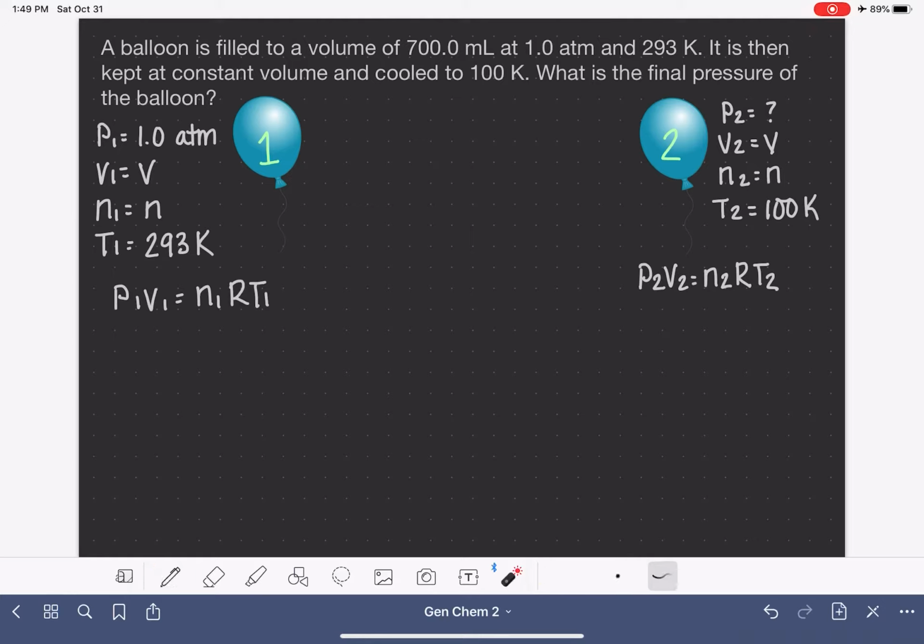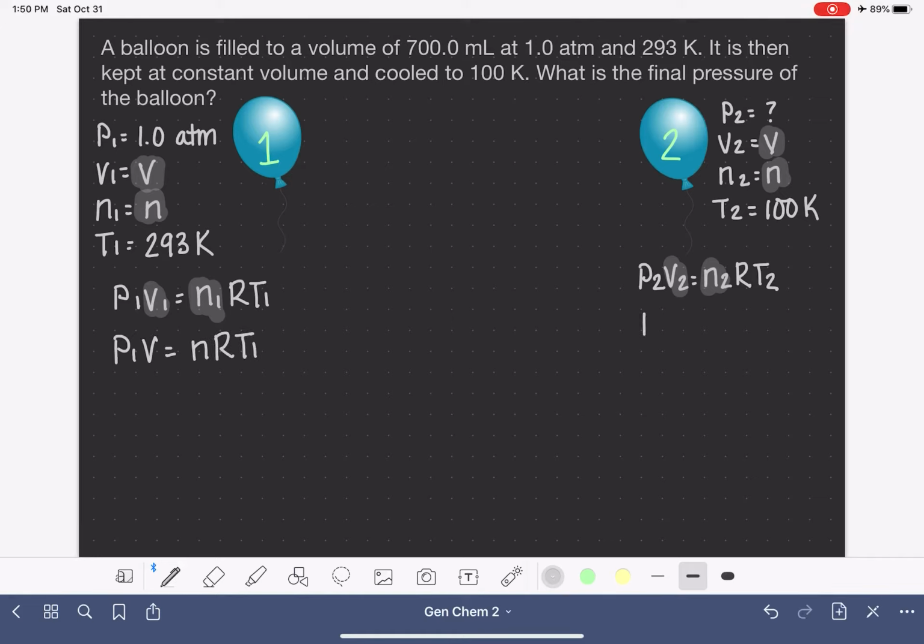Now, in the last video we just started plugging numbers in at this point. Before we start plugging numbers in, let's substitute our variables that don't have subscripts. Let's take care of our volumes and our moles. Instead of writing V1 and n1, we're just going to write V and n: P1 V equals n R T1.